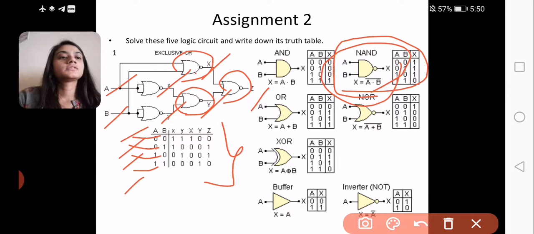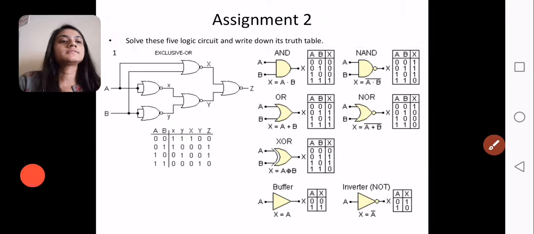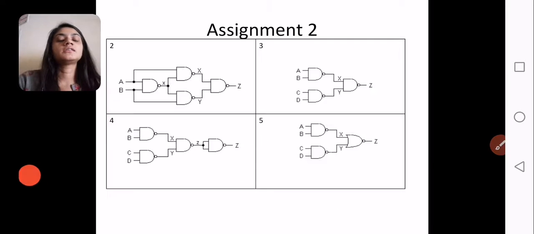So you have to remember all these basic logic gates. In the same manner you have to solve the other 4 circuits in assignment number 2. Okay, thank you.